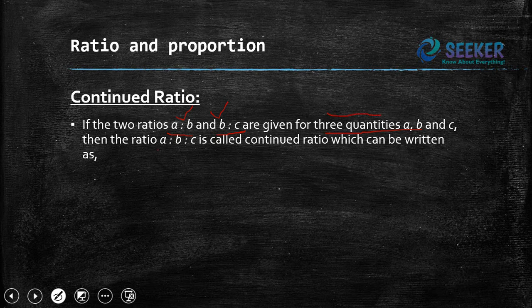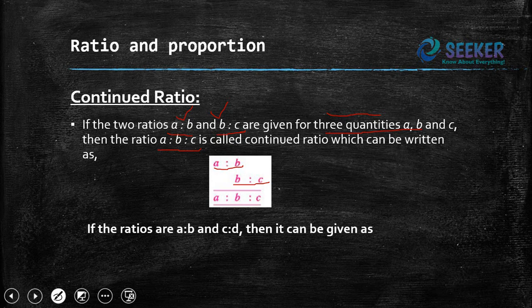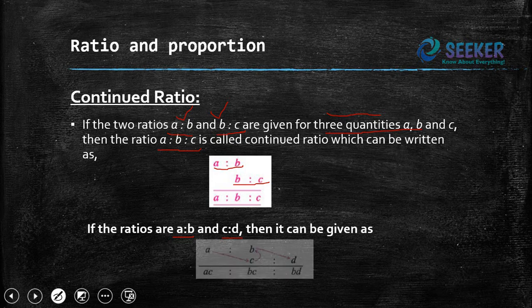Then the ratio A, B and C is called continuous ratio, which can be written as A ratio B and B ratio C. Now suppose the ratios are between AB and CD. But look here: first we will multiply AC, then BC, and then CD.